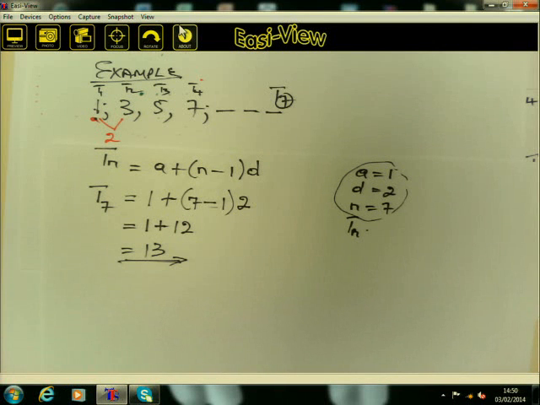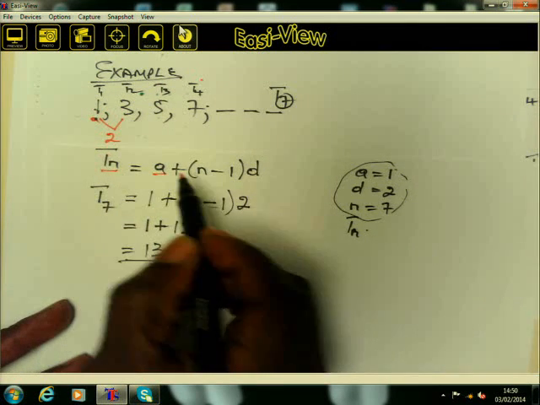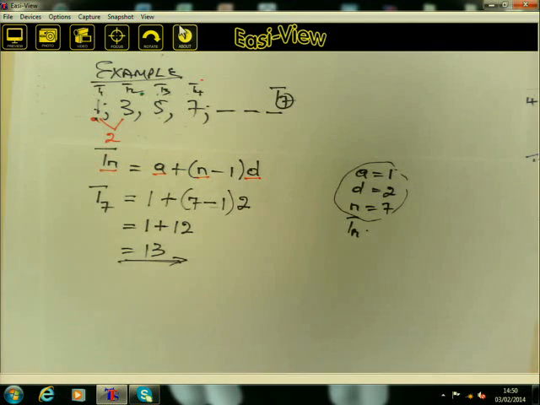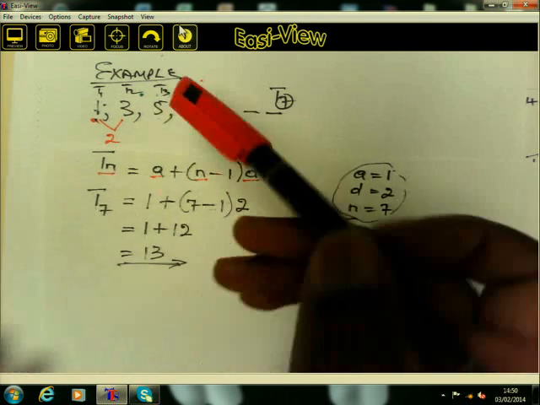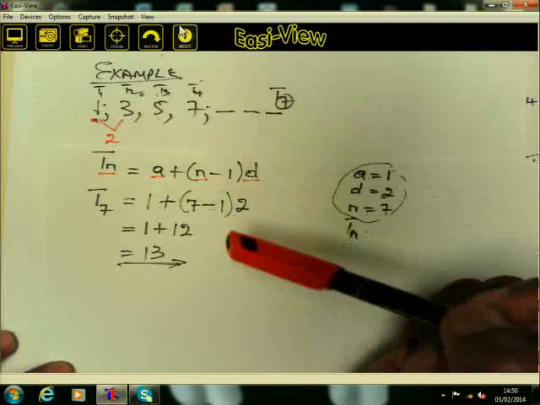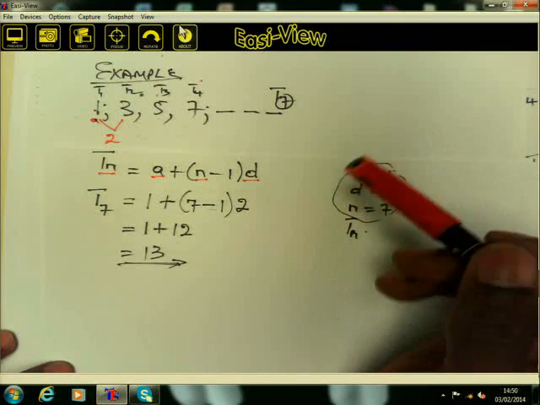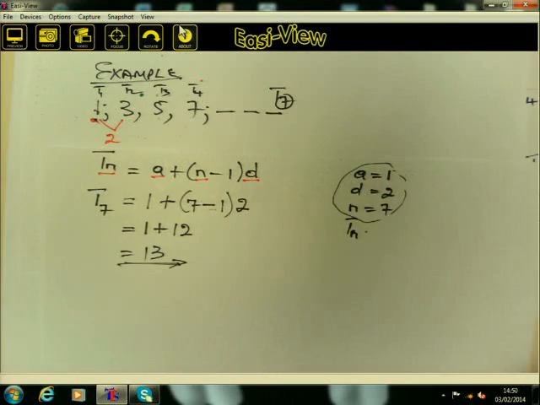So I always say this, for every formula, this formula contains variables like those. So you must be prepared to find any of those variables using the formula. You must be able to do that. So to continue from the general term, if anyone maybe has a question, matriculants, you can forward it to us.